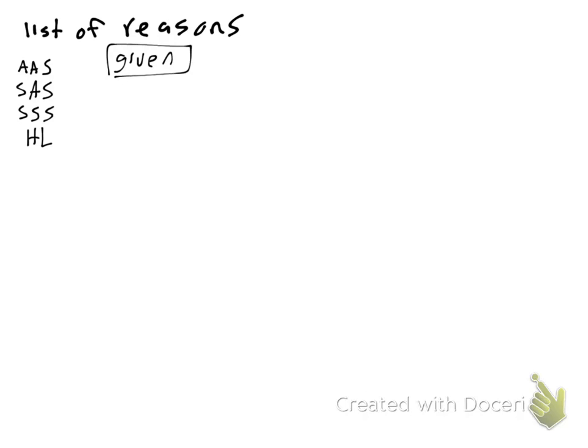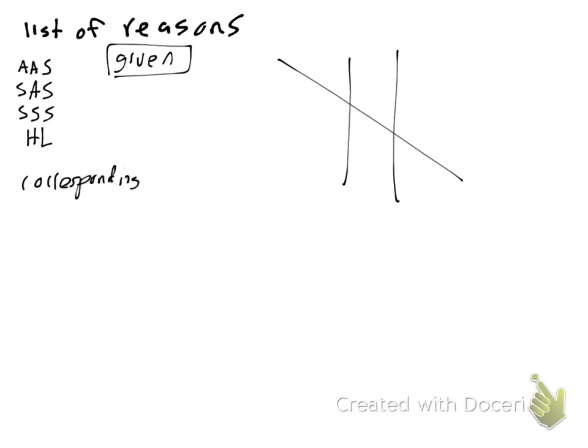If I have parallel lines cut by a transversal, we worked with that. We said that the zigzag pattern throughout the parallel lines and that transversal were all congruent, but they all had special names. I'll put it on here. Corresponding is one of them. There's going to be no particular order. Corresponding angles.